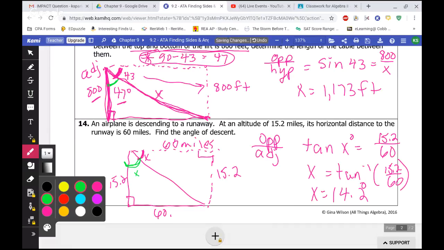But it's always a good idea when you're working with the angle of depression ones to go ahead and write out that imaginary second triangle. Does that make sense? Did the dotted lines help clarify that for you a little bit?